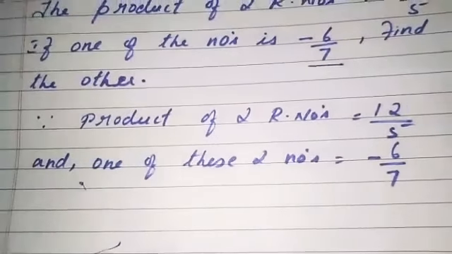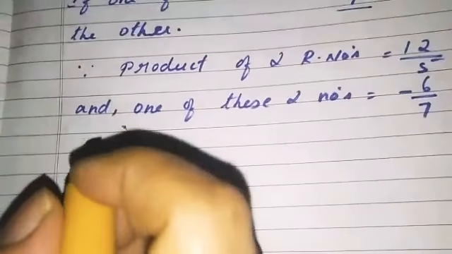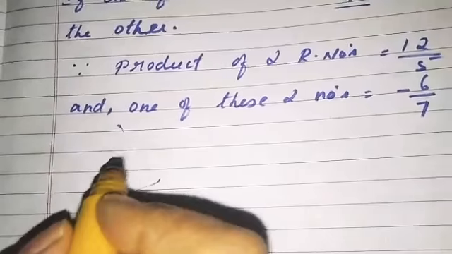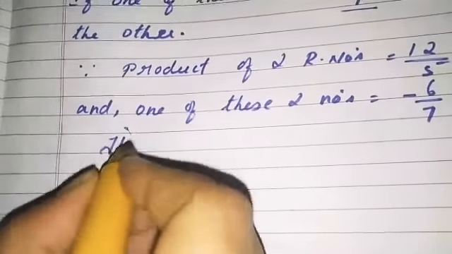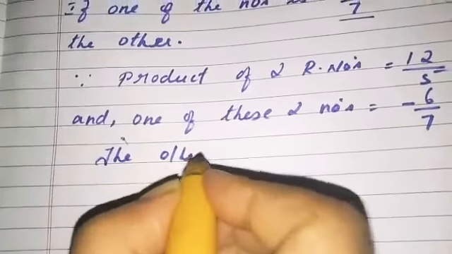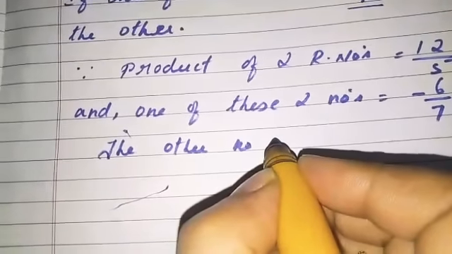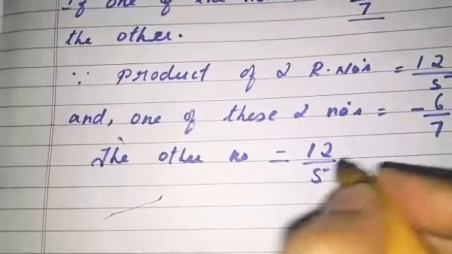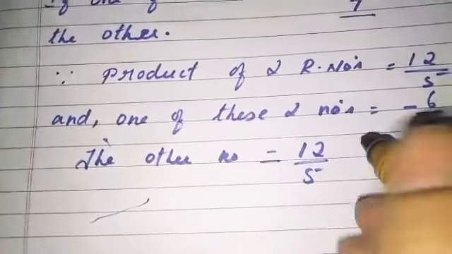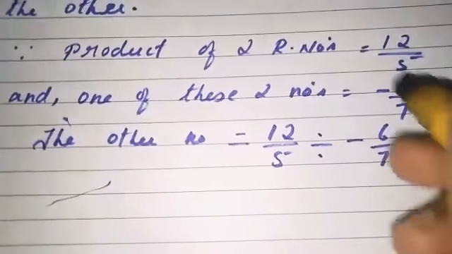Okay, so let's quickly do that. I have to find out the other number. So the other number will be 12 by 5 divided by -6 by 7.